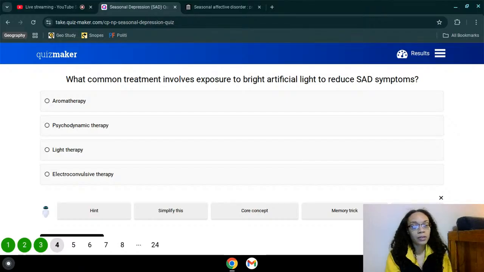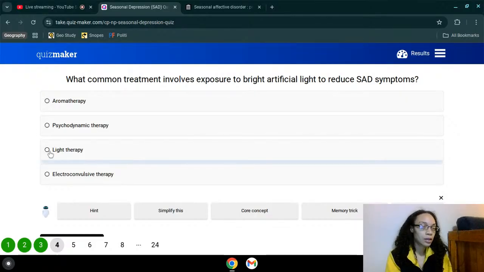What common treatment involves exposure to bright artificial light to reduce SAD symptoms? Aromatherapy, psychodynamic therapy, light therapy, or electroconvulsive therapy? Artificial light to reduce. I guess it's just going to be light therapy.